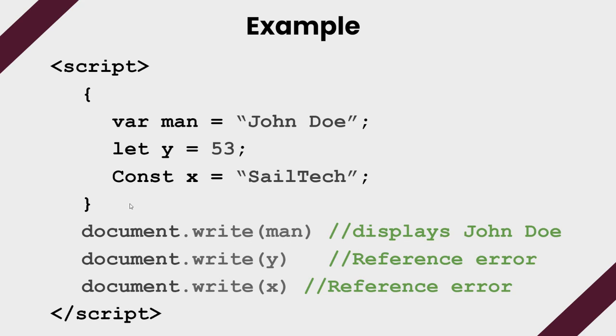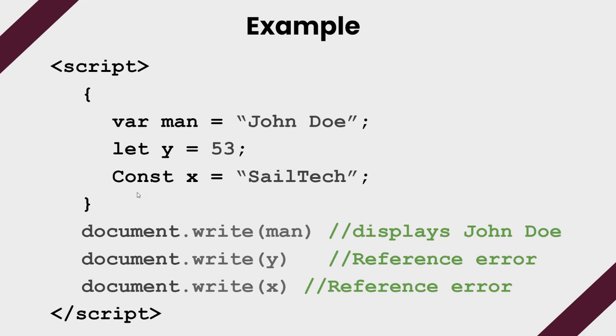So using the let and the const within a block, they cannot be referenced outside that block, but only inside the block. And so it would not be very advisable to use the var keyword to declare a variable within a scope, because like I said before, let's assume we have this man variable declared somewhere outside this block. That man variable would be a global variable.